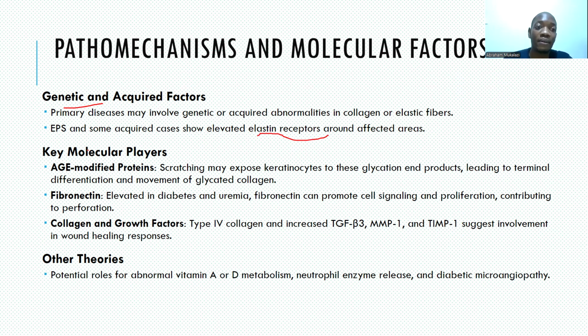When you go to other molecular key players in these dermatoses, you find the AGE, the advanced glycation end-product modified proteins. The thinking is that as someone grows, the proteins they produce become damaged or defective because of age, and as you are scratching, there's an exposure of keratinocytes to these glycation end products, and this leads to terminal differentiation and movement of the glycated collagen.